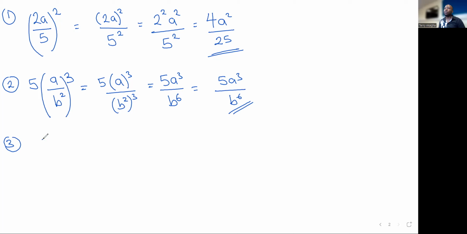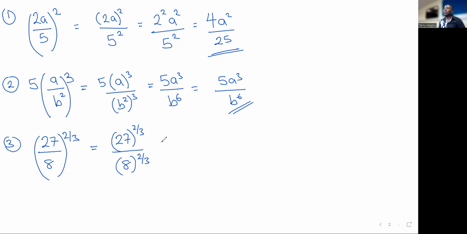We said we have 27 divided by 8, 2 raised to the power what? 3, okay? Now we can further solve this as 27, 2 raised to the power 3 divided by 8, 2 raised to the power what? 3. Now you can write this 27, for those that have watched my previous video where I talked about the prime factor method, you can break down 27 to 3, 9, and you can break down 9 to what? 3 and what? 3.